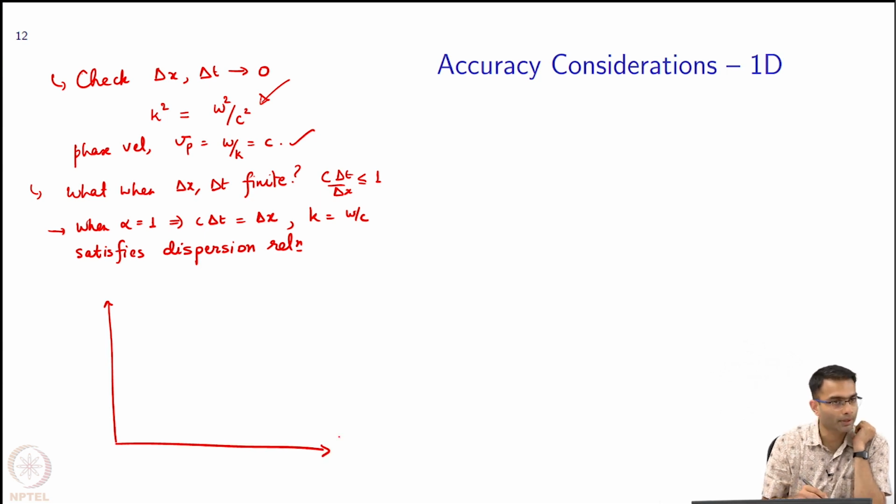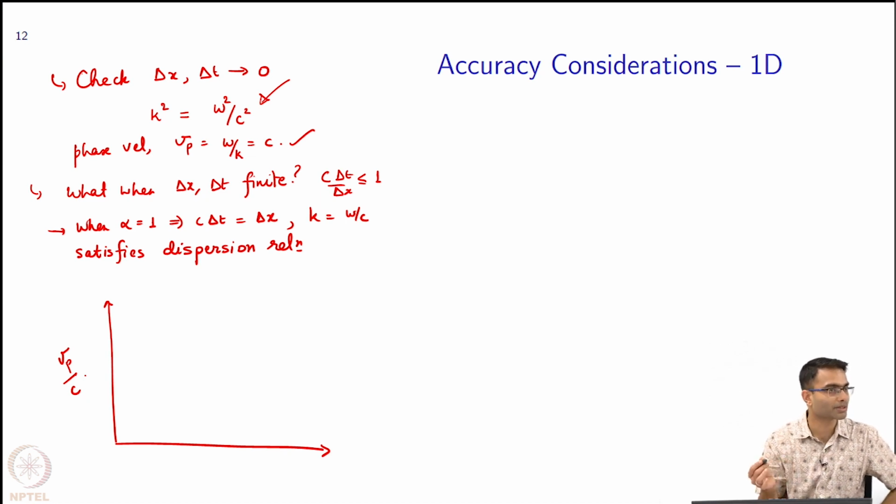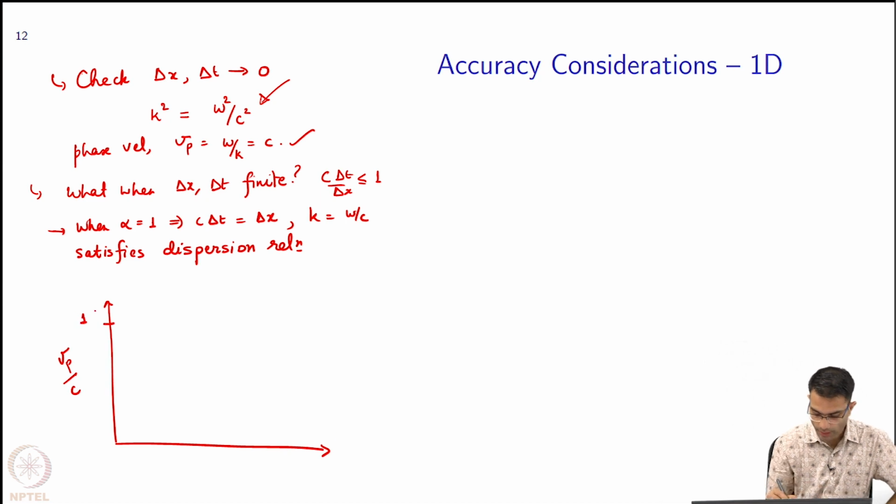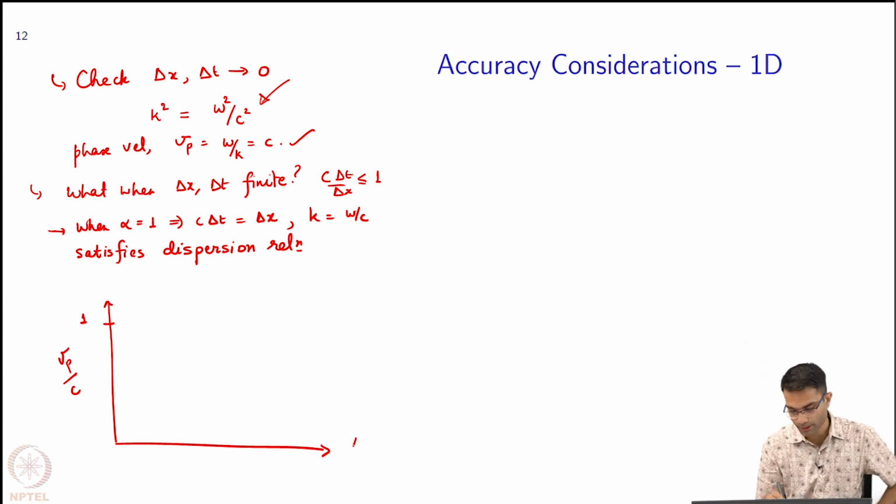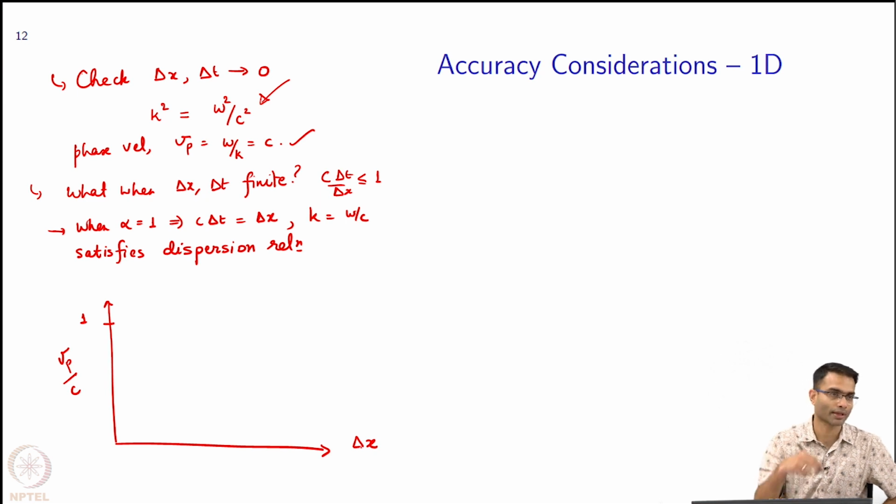so what will I plot over here? Let me plot the ratio of the phase velocity to speed of light, okay. So, v phase by c. Ideally, we are simulating vacuum only, so ideally this ratio should be 1, right. So, this is 1, and here what I will plot is delta x, okay, to make it sort of normalized to wavelength, because as the frequency changes, delta x will have to change.